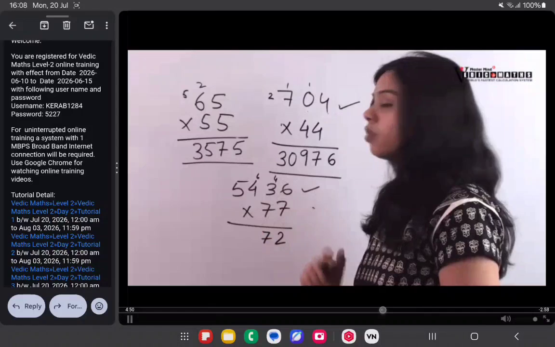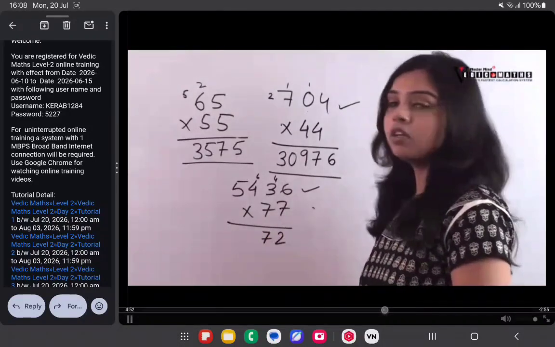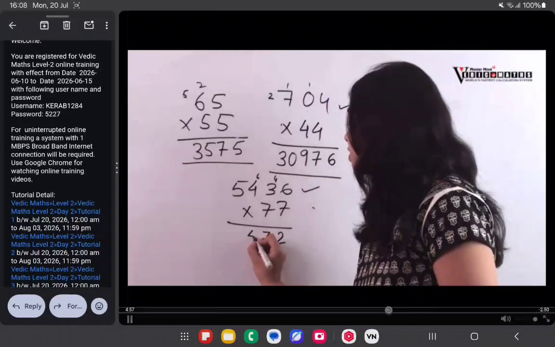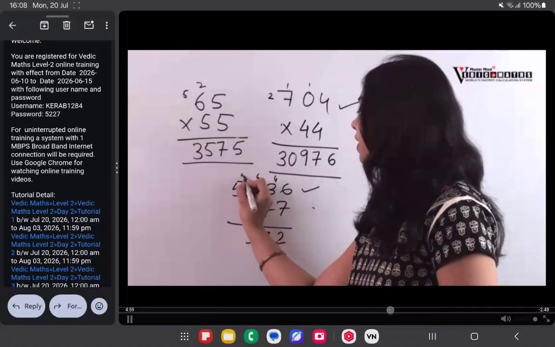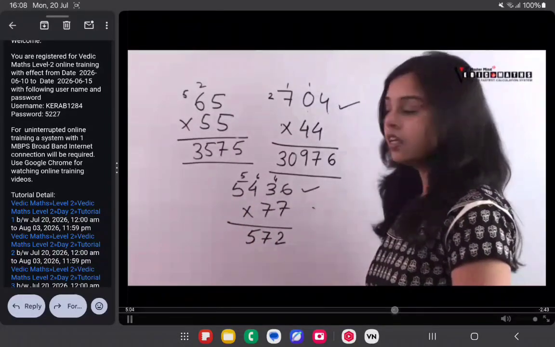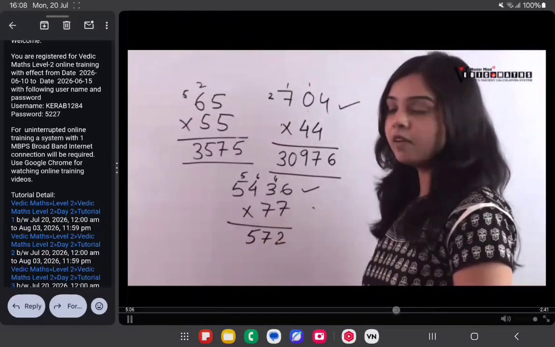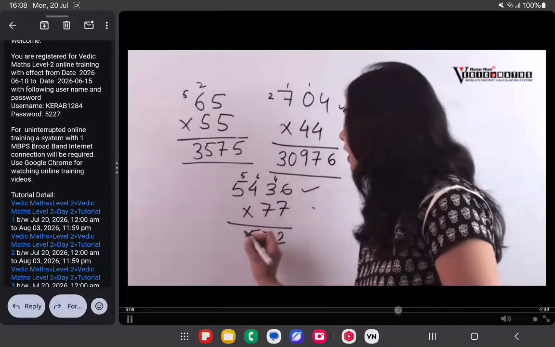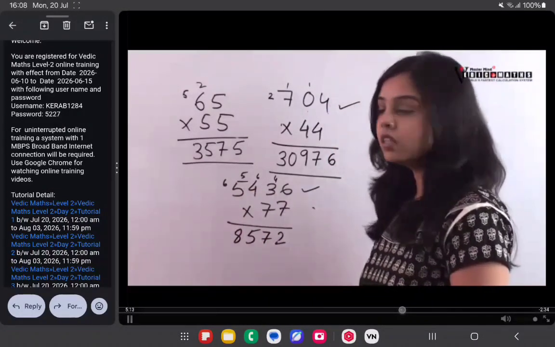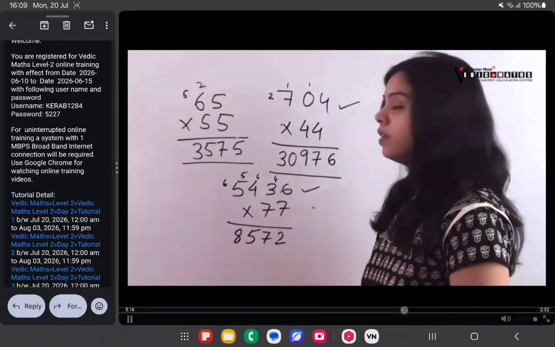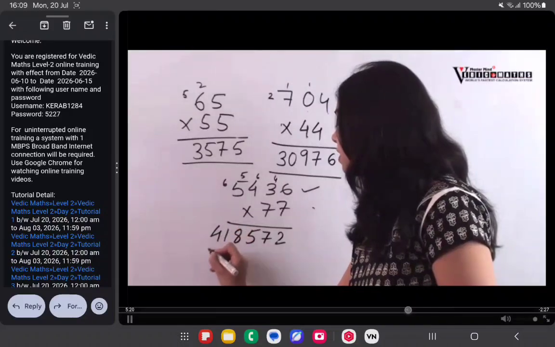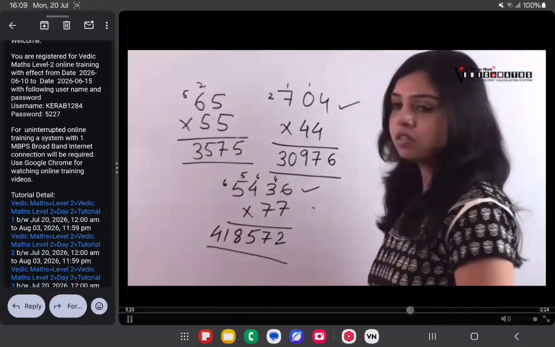Then 3 plus 4, 7 into 7, 49, 49 plus 6, 55. That means we can write here 5 and plus 5 carry forward. Then 5 plus 4 is 9, 9 into 7, 63, 63 plus 5, 68. That means we can write here 8 and plus 6 carry forward. Then 5 into 7, 35, 35 plus 6, 41. So our final answer is this.